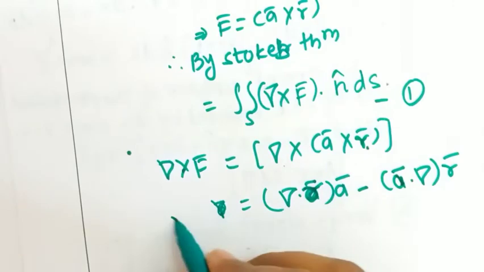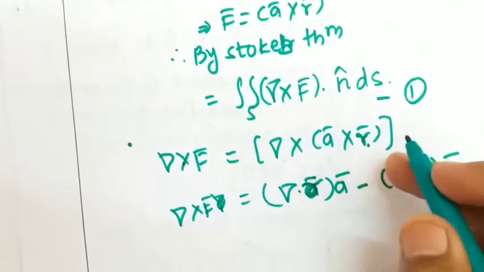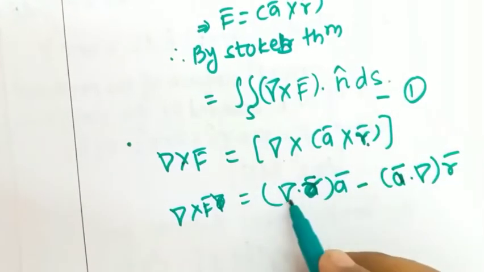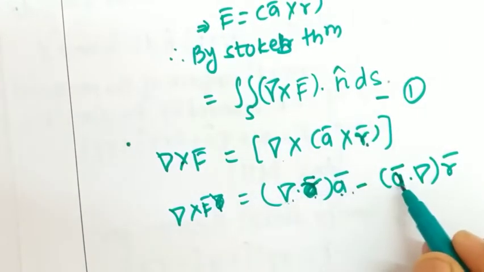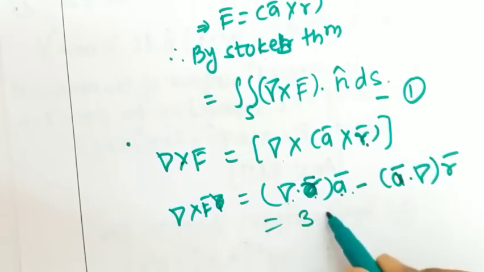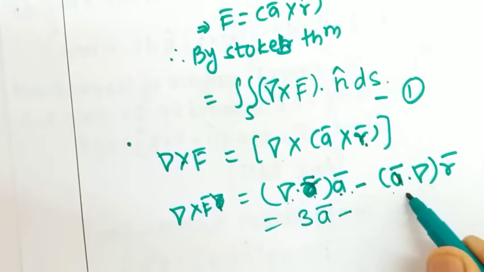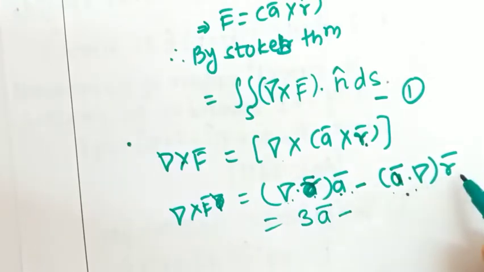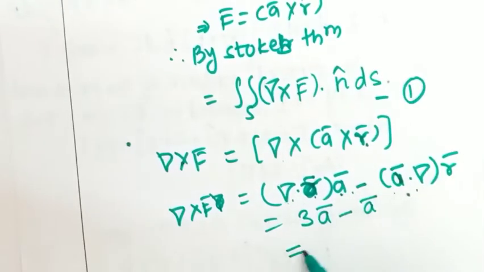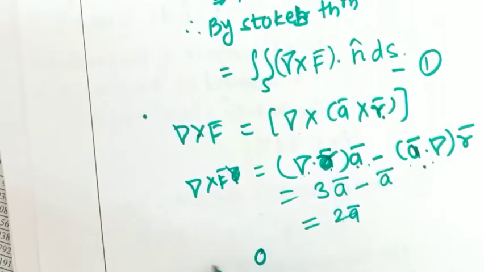Del dot r bar is 3, that also we have, minus a bar dot del of r bar. This is a gradient operator. When we operate the gradient operator on r bar, it gives us a bar. Now 3a bar minus a bar is 2a bar. So we got the value of del cross f bar as 2a bar.